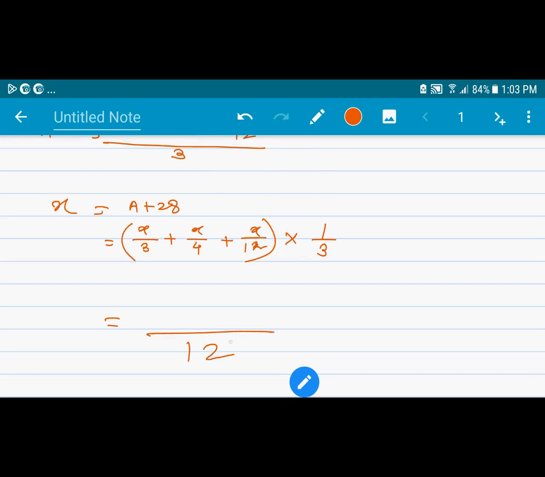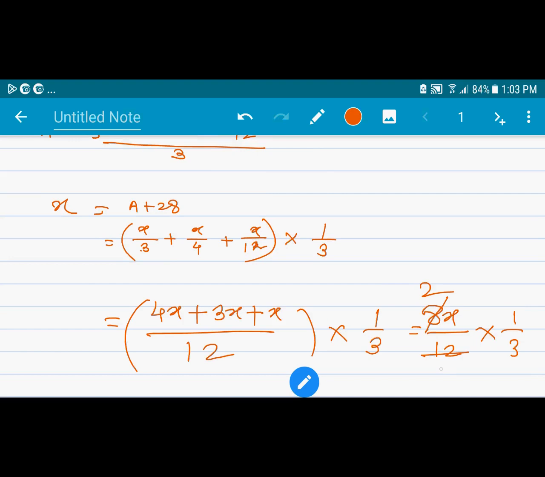The common factor is 12. So for 3 to become 12, we multiply the x with 4: 4x plus 3x plus x, into 1 by 3. So this becomes 8x upon 12 into 1 by 3.